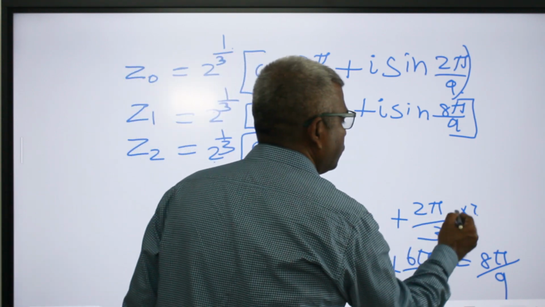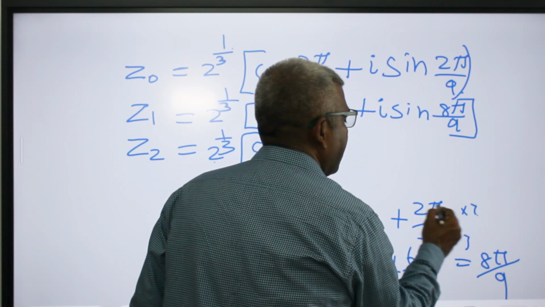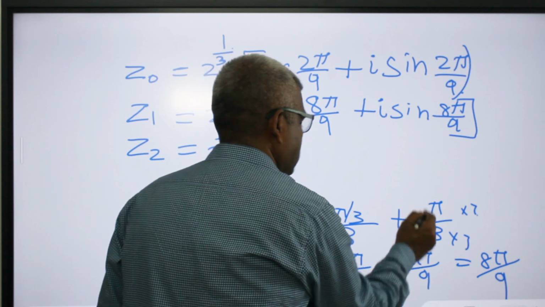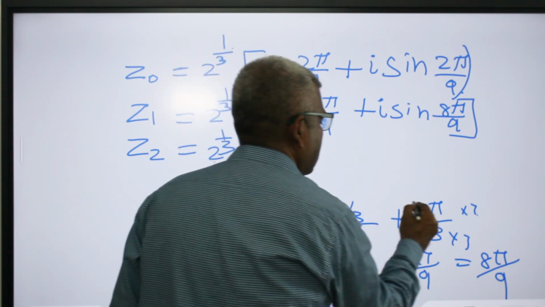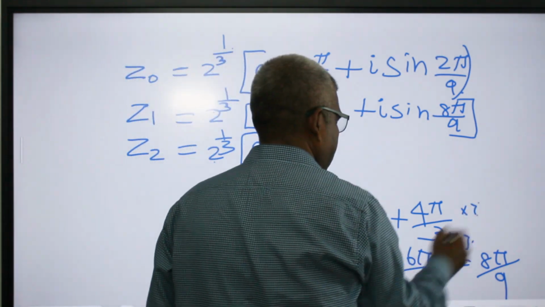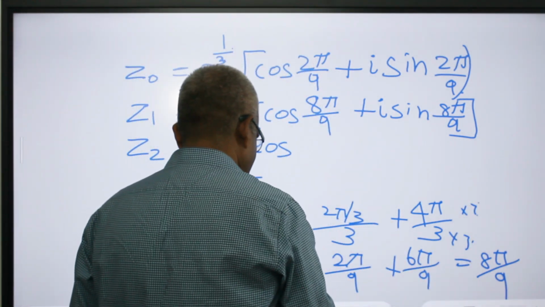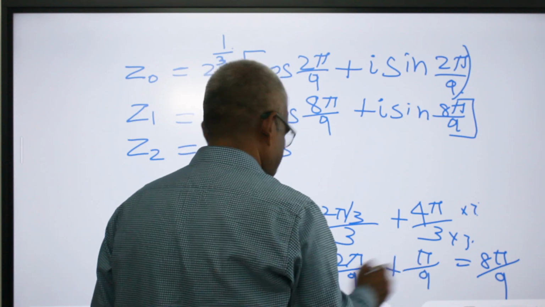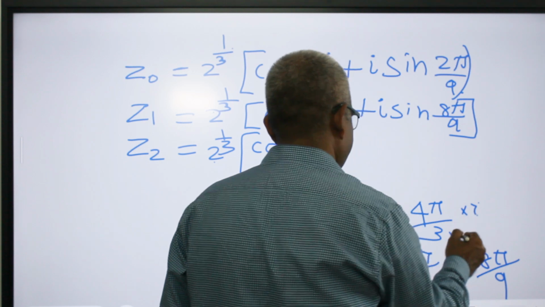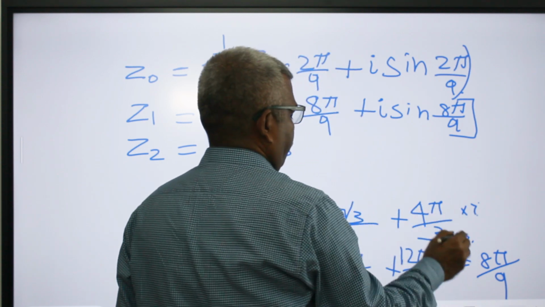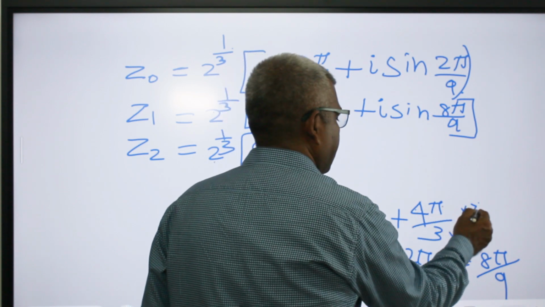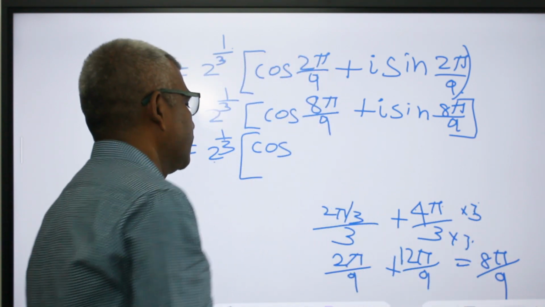Here k is 2, so 2k pi is 4 pi, and 4 pi over 3, multiplied by 3 over 3, is 12 pi over 9.